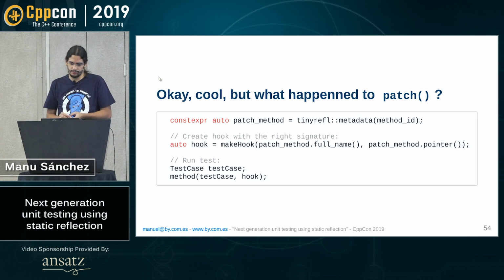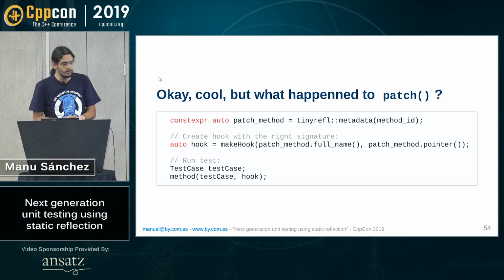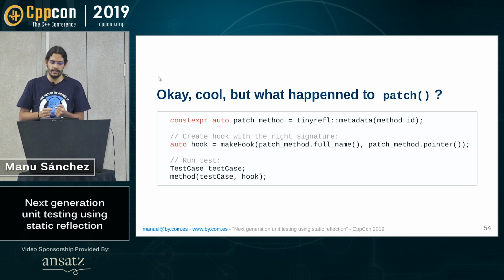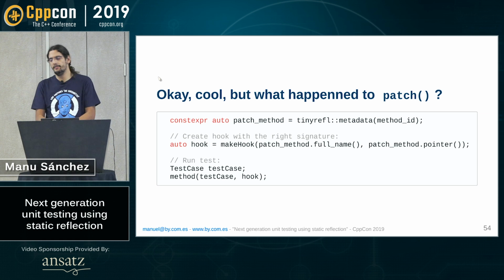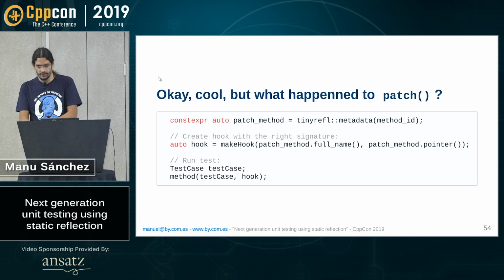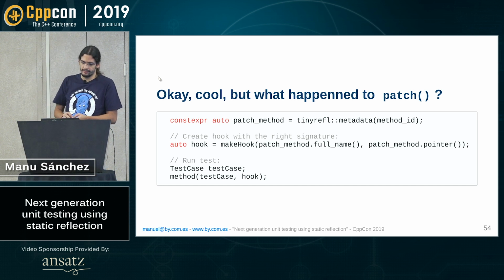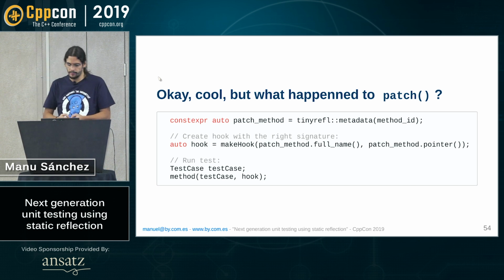And then just create a hook, like in the first example of elf-spy, create a hook of the right signature with the name of the method and the pointer to the method, and then run the test case with the test case instance and the hook.